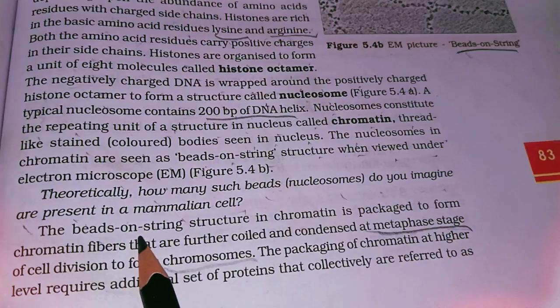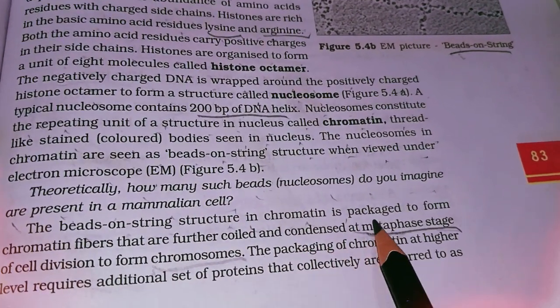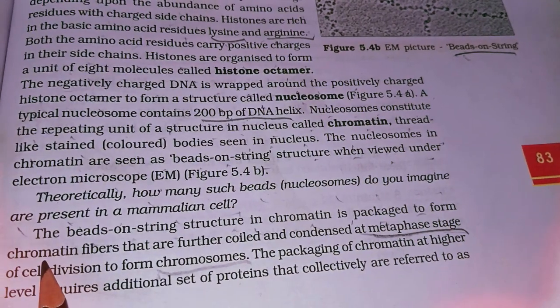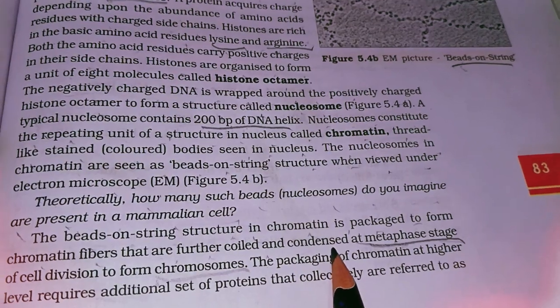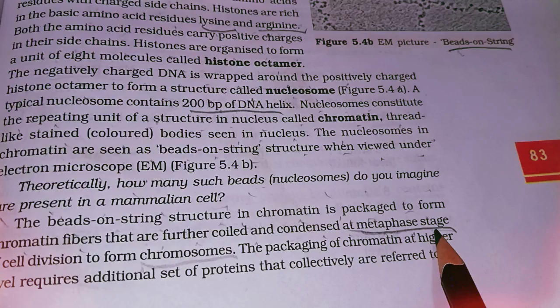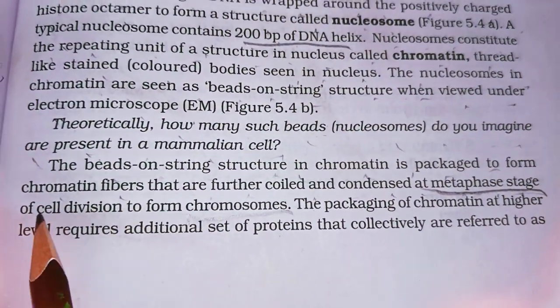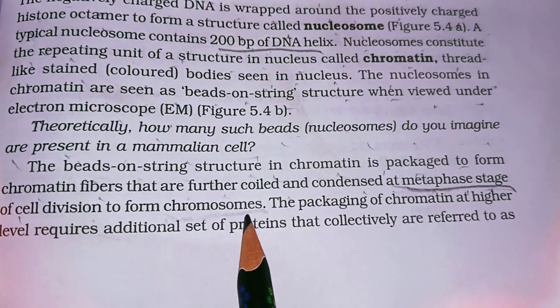The beads on a string structure in chromatin is packaged to form chromatin fibers that are further coiled and condensed at metaphase stage of a cell division to form chromosomes.